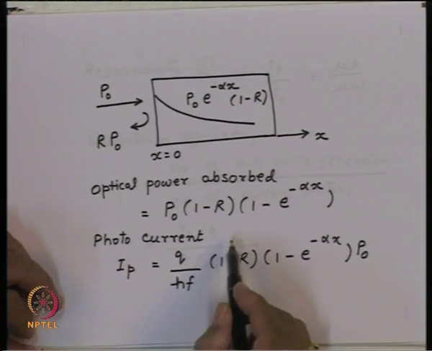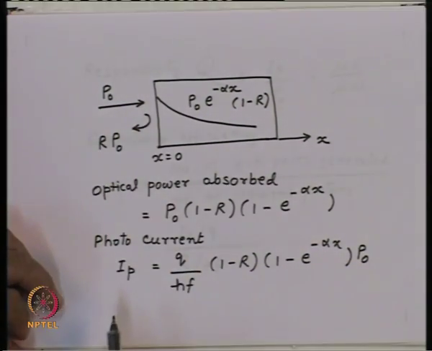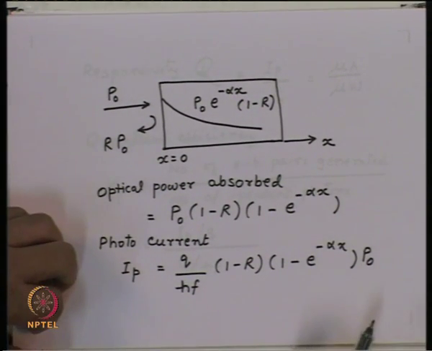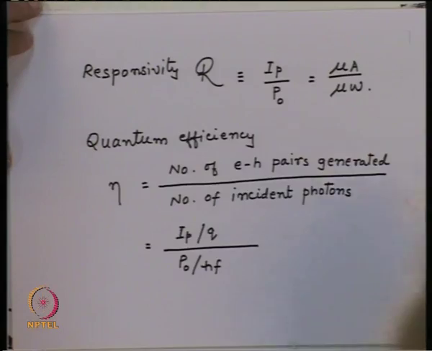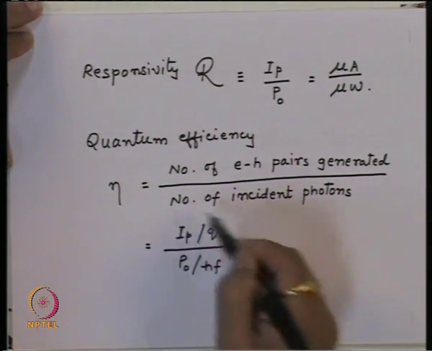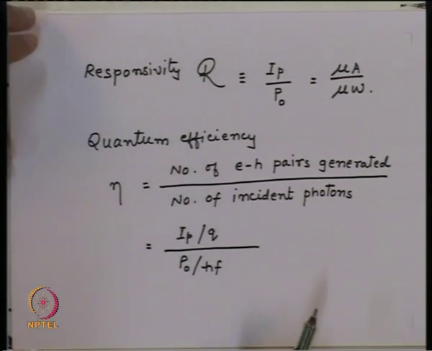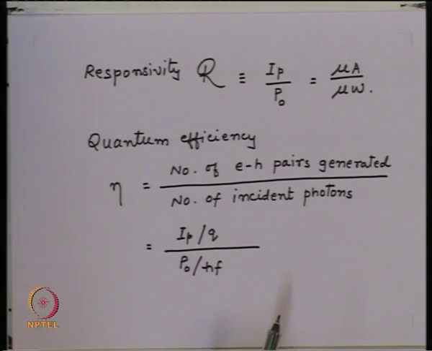So, this factor essentially tells us that out of so many photons which are incident on this material, how many actually will contribute to the generation of electron hole pairs. So, like responsivity, this parameter also is one of the useful parameters, but it tells you essentially the efficiency of conversion of photons to electron hole pairs.